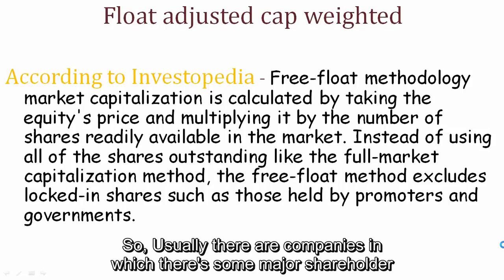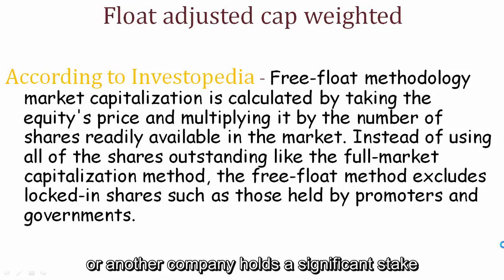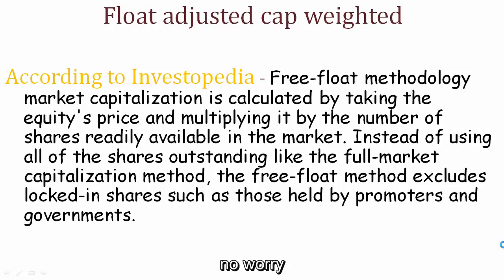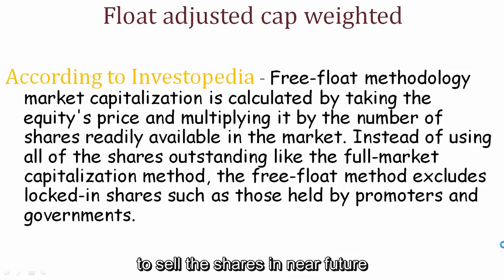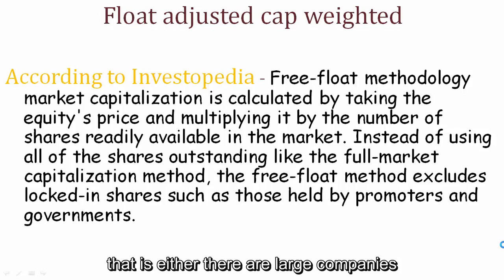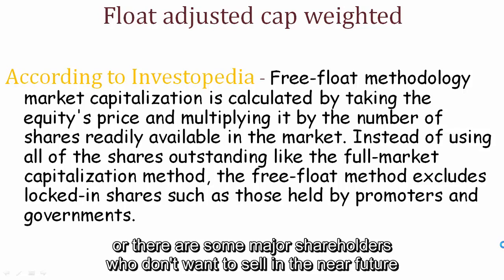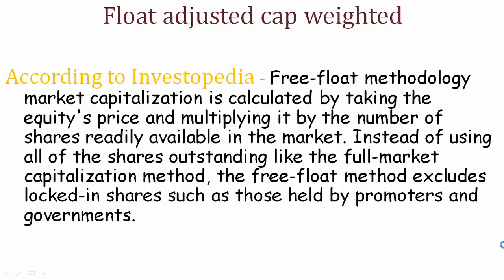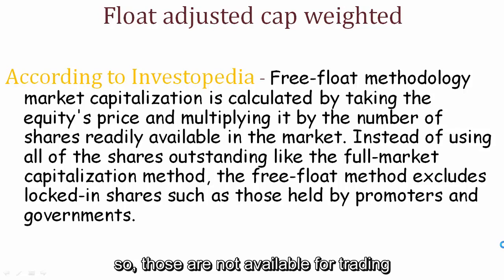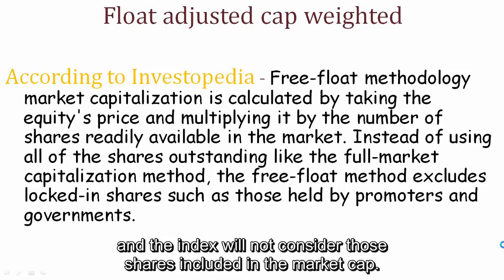Usually there are companies in which a major shareholder or another company holds a significant stake and does not want to sell the shares in the near future. Those shares are not available for trading, and the index will not consider them in the market cap.